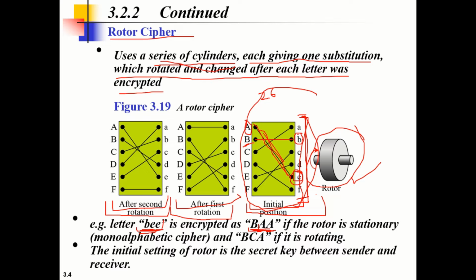Here you can see this B has its connection with capital B, so it will be replaced with capital B. Now for the second character E, we have to rotate this cylinder, and after rotation we get this cylinder.